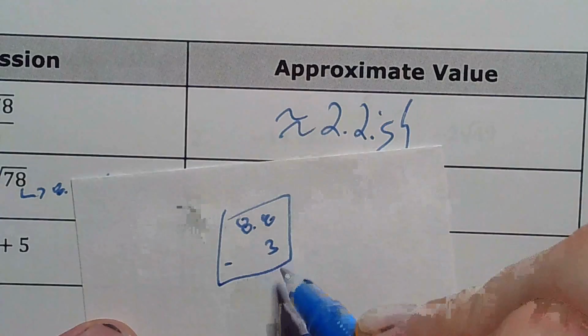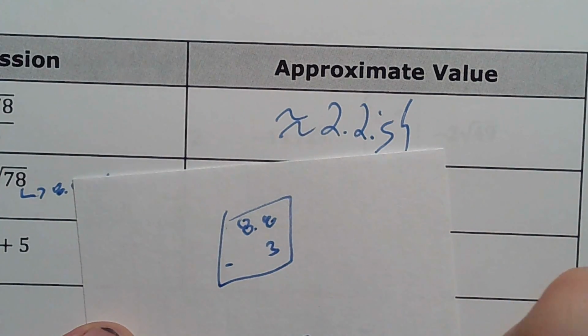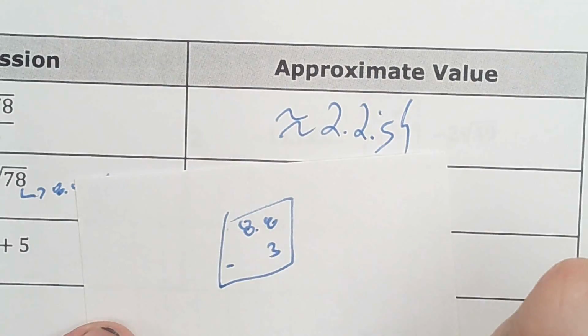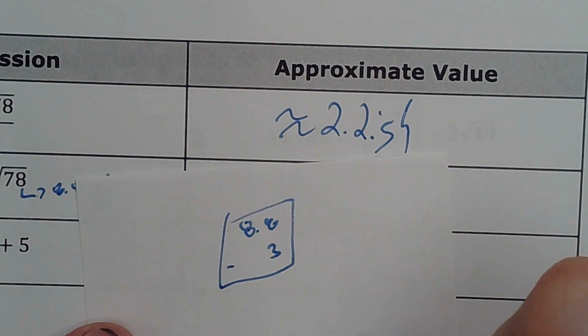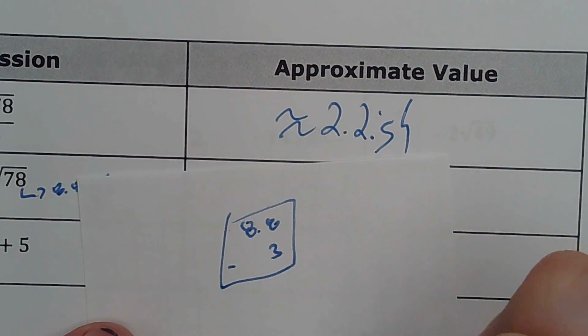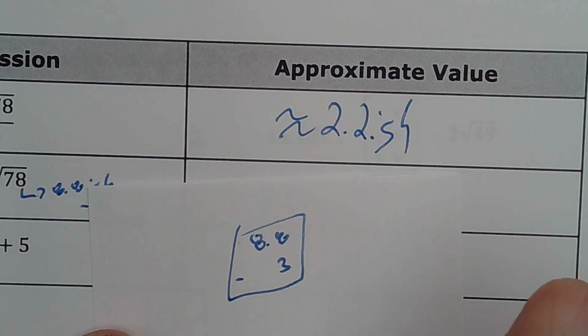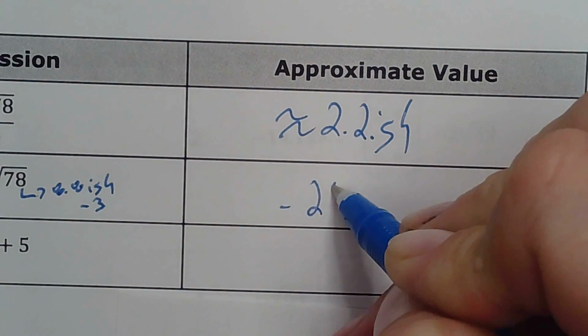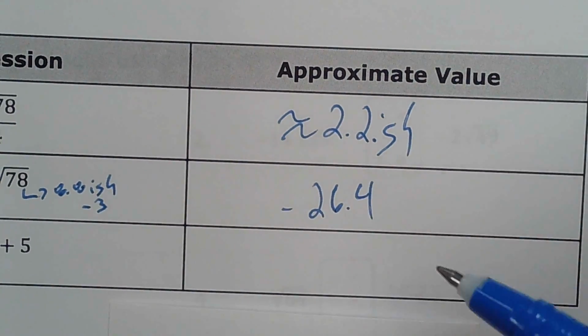But I'm off by a factor like 0.2, so I'm going to subtract 0.2 times 3, which is 0.6, right? So I'm going to add 0.6. It's going to be like 26.4, so -26.4. So let's see how close I was there.